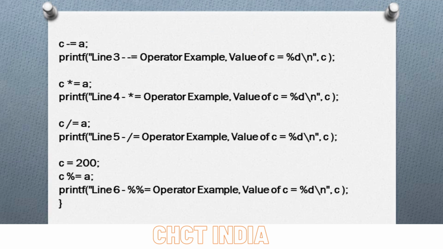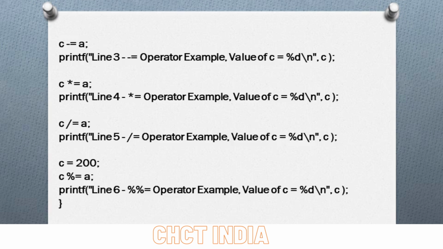The value of C is deducted from the value of A and assigned to C, and the printf function prints the latest value, whatever is stored in C at present, on the screen. The value of C is multiplied by the value of A and assigned to C, and in the same way the latest value of C is printed on the screen.